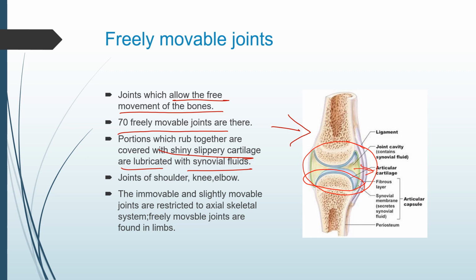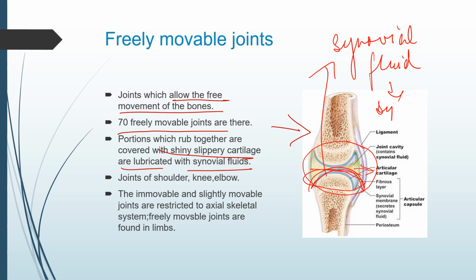Between the two bones there is cartilage, and here it is again having a fibrous synovial membrane layer, and this layer is secreting synovial fluid. So synovial fluid is a very important term, as is the synovial cavity. Synovial cavity is again a very new term to you all, because this synovial cavity has the synovial fluid, which is making the cartilages very slippery.